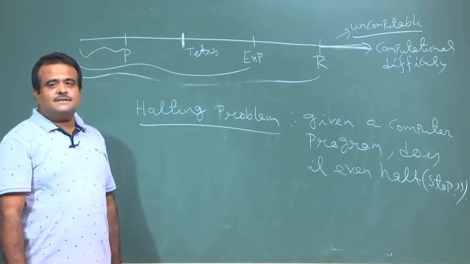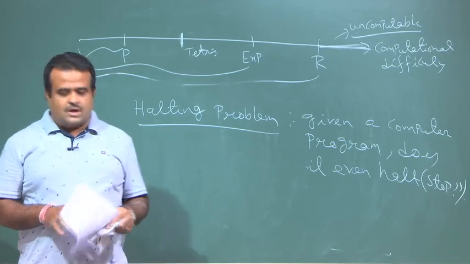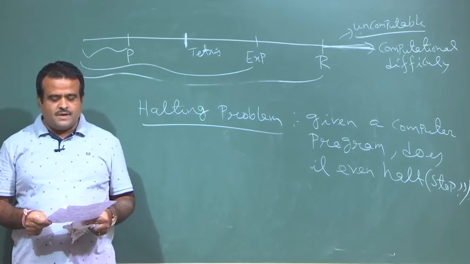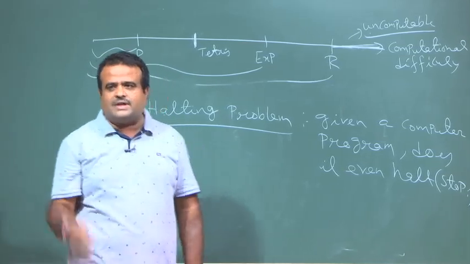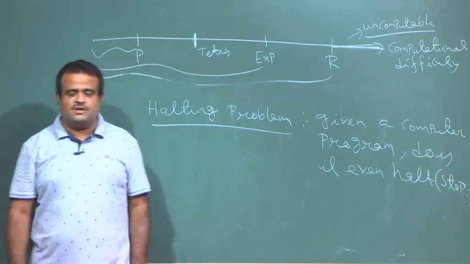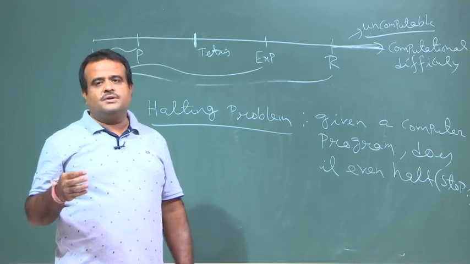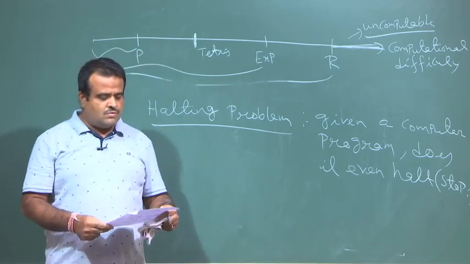This has no finite algorithm to solve this problem in finite time for all input. There may be certain inputs for which we can say the answer is yes or no, but in general for all inputs there is no such algorithm.